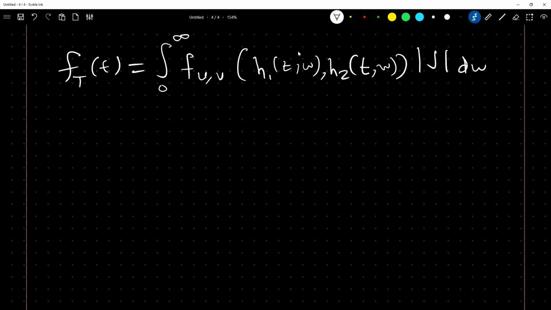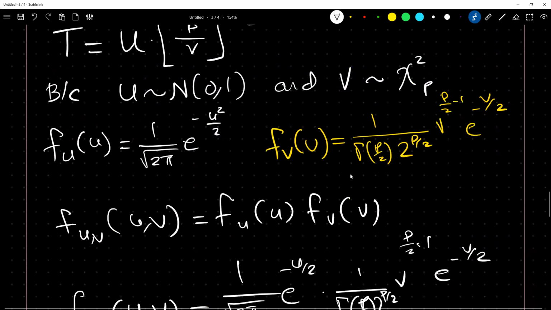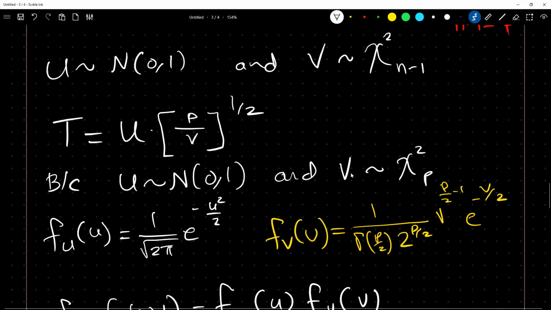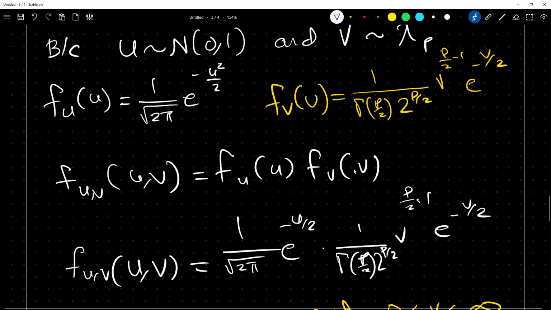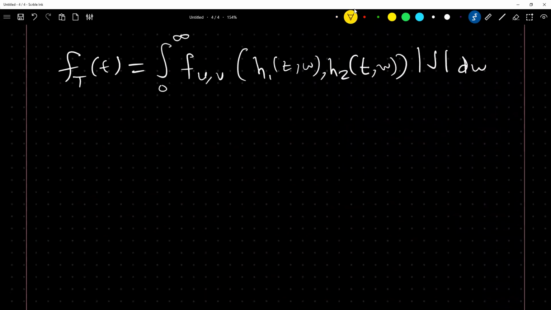Now, what I need to do is define the transformation from u v to t and w. So it's going to look like this. Currently we have t equals u times p over v to the 1/2 power.